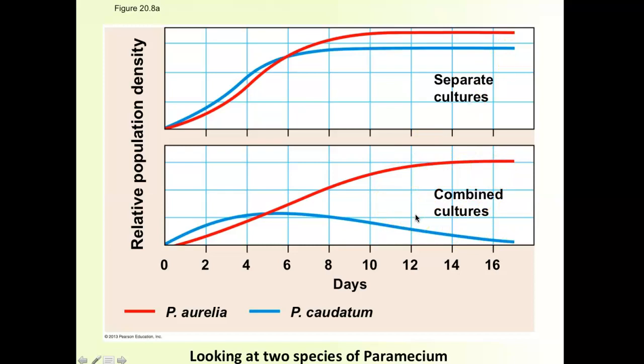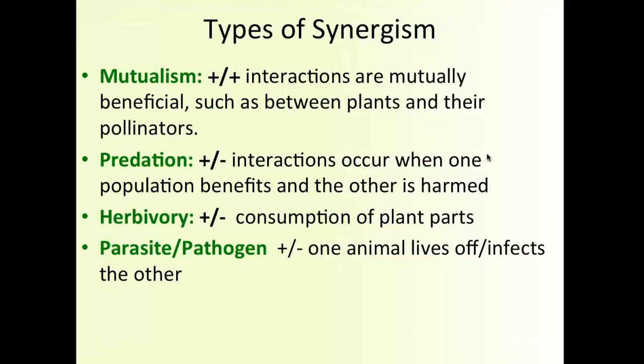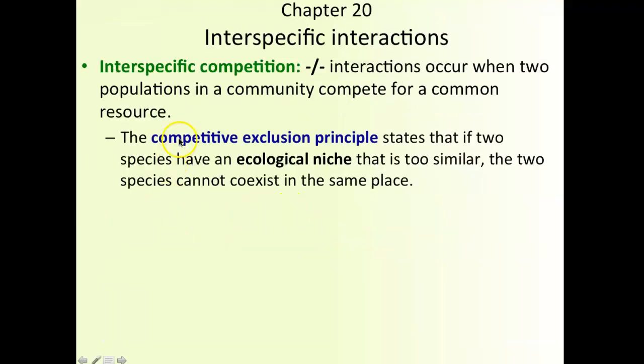What happened to our blue line? It got destroyed. So Paramecium aurelia outcompeted Paramecium caudatum. This is that exclusion principle. They share the same ecological niche, but they cannot coexist. They don't follow the same growth curve. They can't both be happy in that same niche. One will always outcompete the other one.